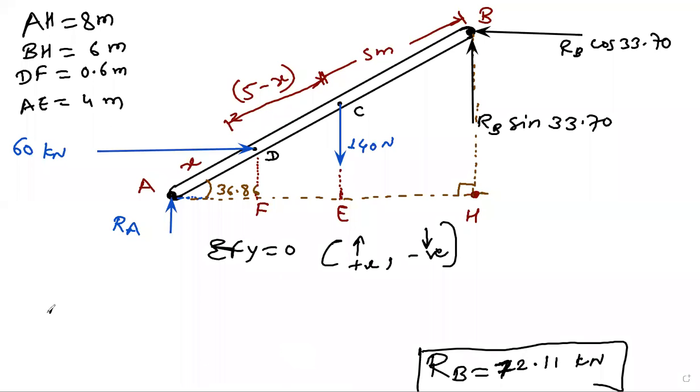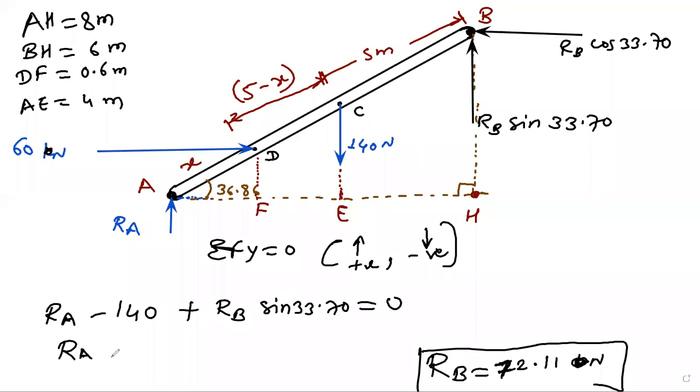So upward RA minus 140 plus RB sine 33.70 is equal to 0. So RA is equal to 140 minus 72.11 sine 33.70.